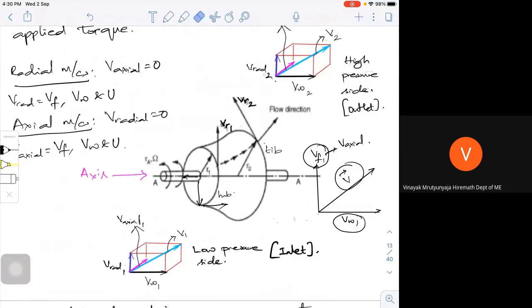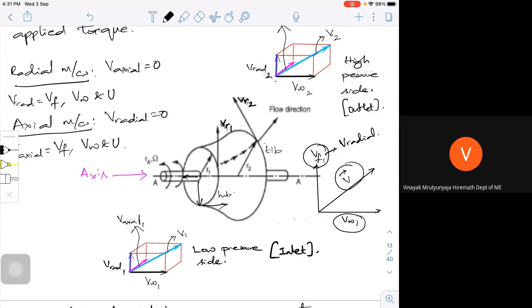Suppose I'm dealing with a radial flow machine. What does a radial flow machine mean? In that machine, my axial component of velocity will be 0. I don't have anything in that direction. So this flow component will automatically become a radial component. For an axial flow machine the flow component is in the axial direction, and in the radial flow machine the flow component is in the radial direction.